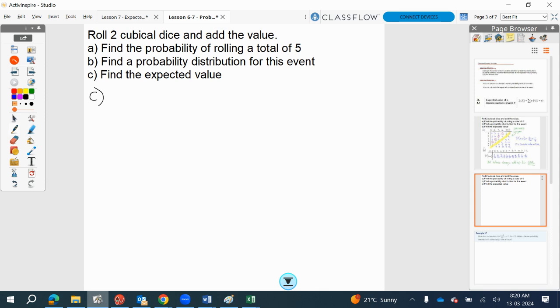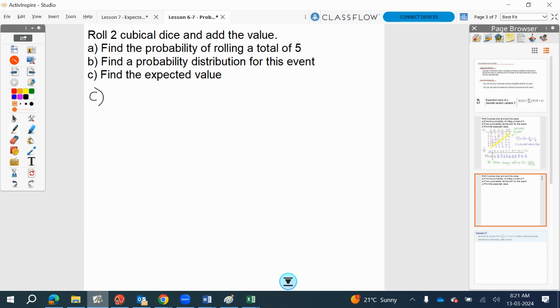The answer to B was the table: find the probability distribution, and that's the table. At that point, I wanted to introduce the concept. Sometimes we have to draw a table to answer a question. Typically, you just fill in one empty value in the table that's given. It's the usual question.